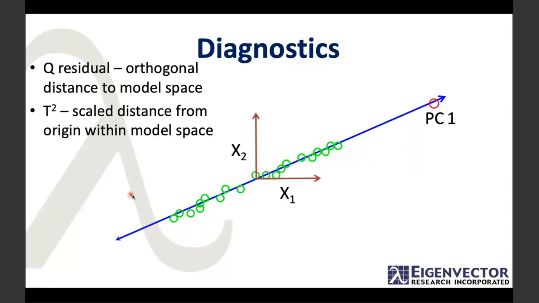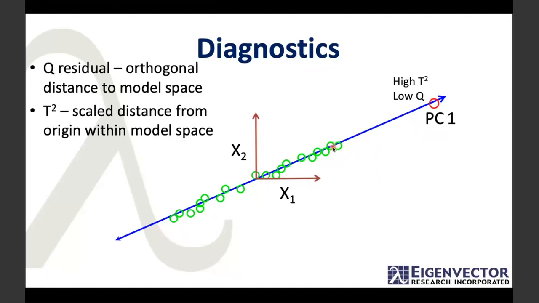So consider I had my observations here in the green circles, and I built a one PC model, a one principal component PCA model. So my PCA model is this line. Now, why didn't I choose two?